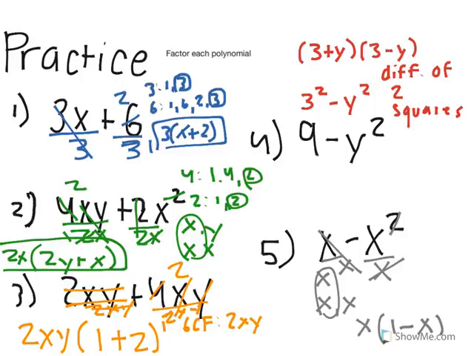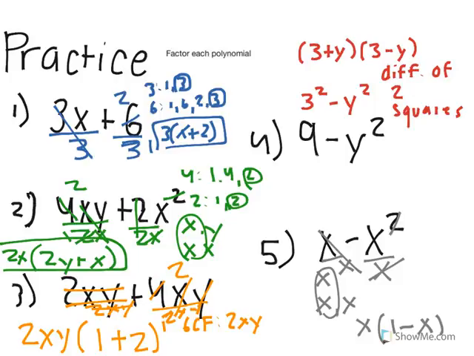For number 3, I figured out that the GCF was 2xy. Because there wasn't a lot of space, I just wrote out the GCF, but I'll talk you through it. We already listed the factors for 4 and 2 in number 2, so we know that the greatest one is 2. And both terms share an x and a y in common, so I can take those out into the GCF. So I divided each term by 2xy.